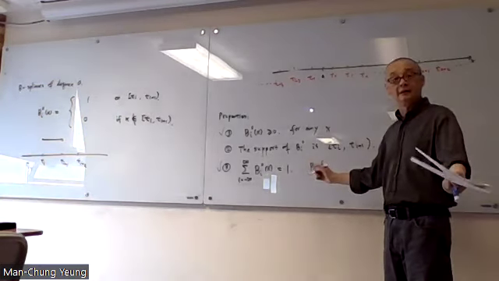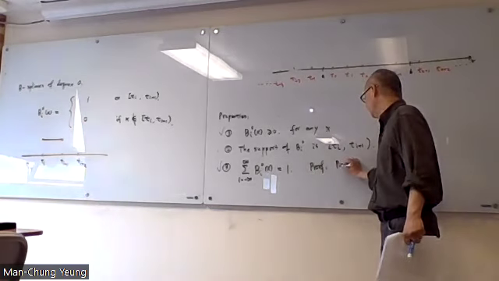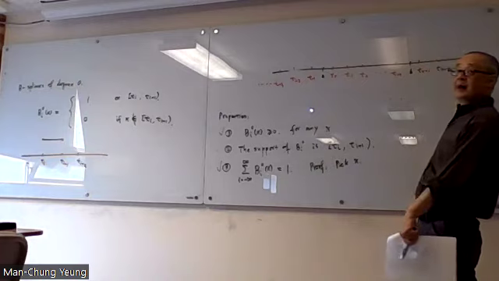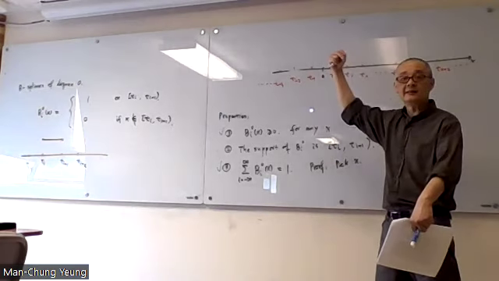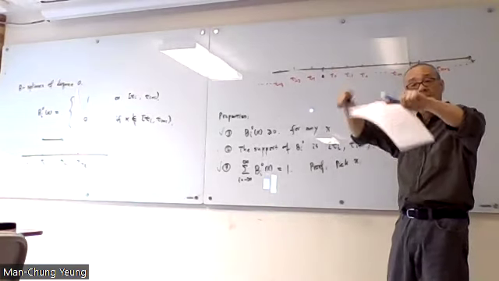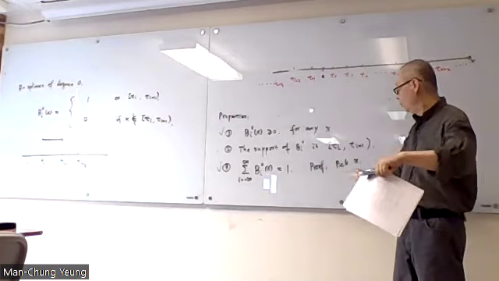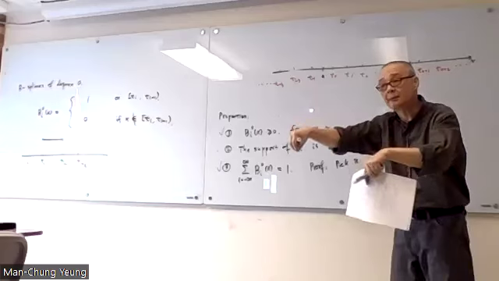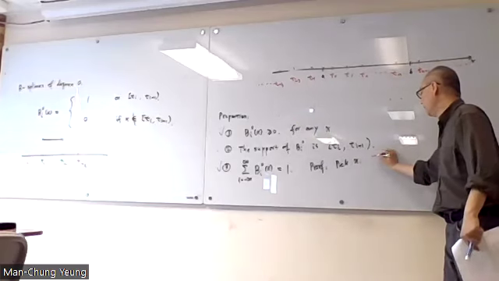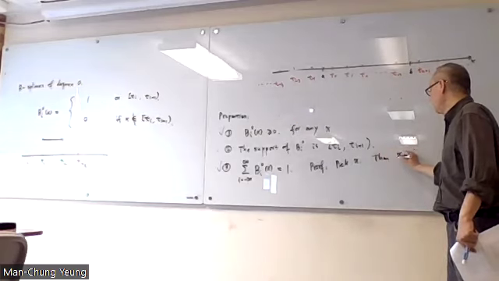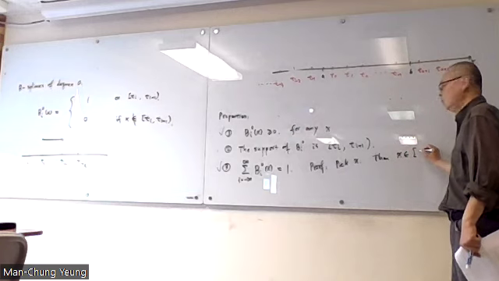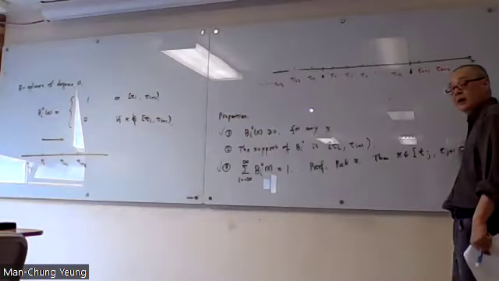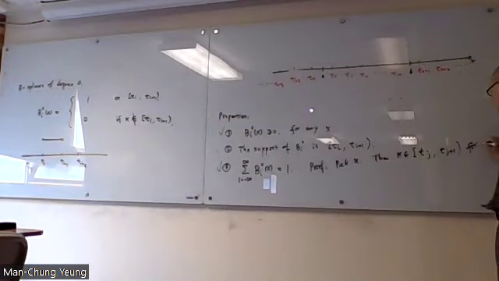How to prove this? Arbitrarily pick x on this number line. Then x will fall into a subinterval t j, t j plus 1, for some j.